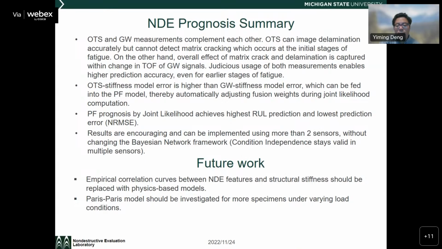Think about using more sensors, then you can further improve the prediction accuracy or the performance of your prognosis algorithms.